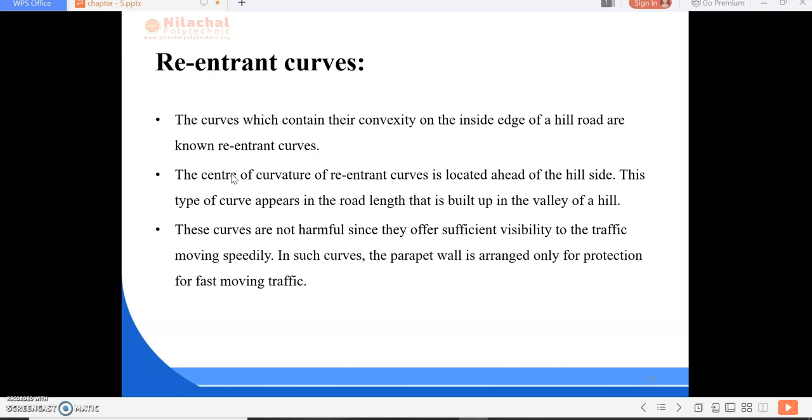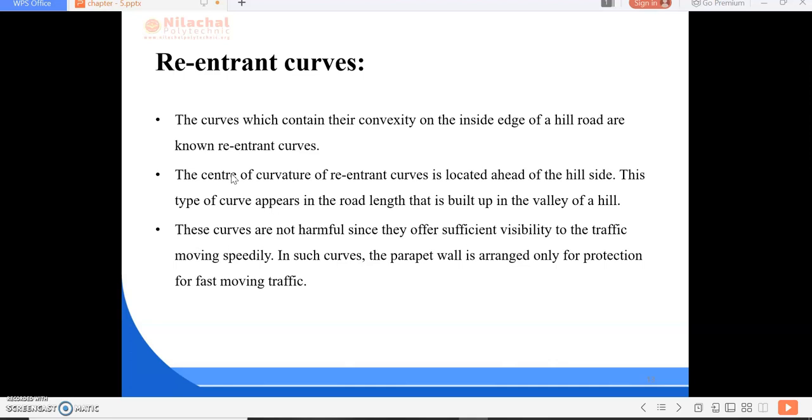This type of curve lies in road length constructed in the valley of a hill. The center of curvature of a re-entrant curve is located ahead of the hillside. This type of curve appears in the road length that is built up in the valley of a hill. These curves are not harmful since they offer sufficient visibility to the traffic, and this is the most important point.